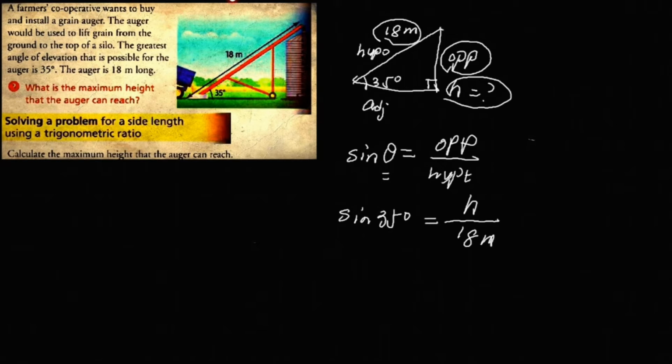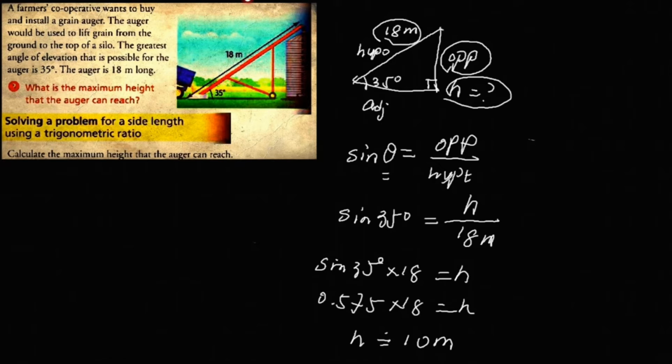Multiplying both sides by 18, sin 35 times 18 equals h. Using the calculator, sin 35 degrees is 0.575, so 0.575 times 18 equals h. So h is around 10 meters. The maximum height that the auger can reach is about 10 meters.